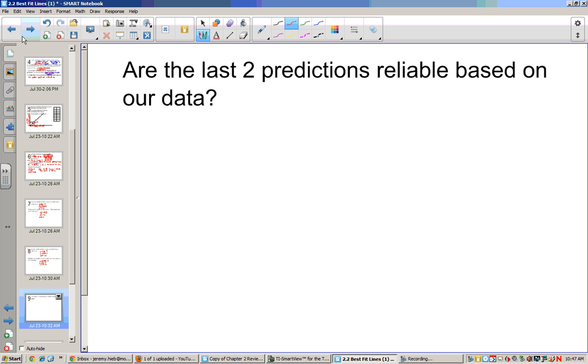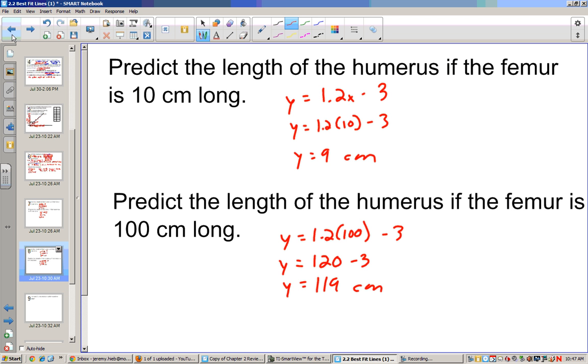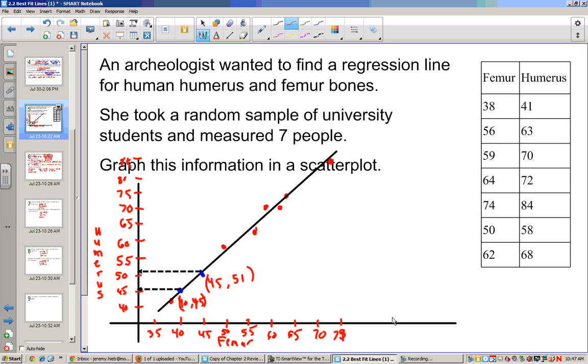Now, are the last two predictions reliable based on the data? No, we really don't know. This is what we call extrapolation. Because 10 and 100 are off the charts on the left side and the right side.